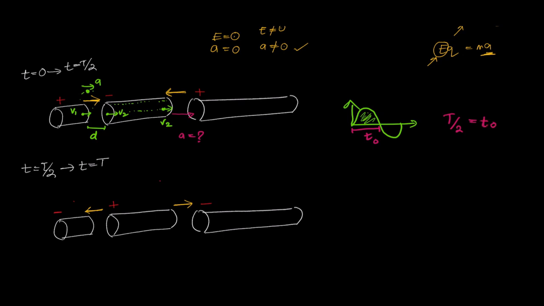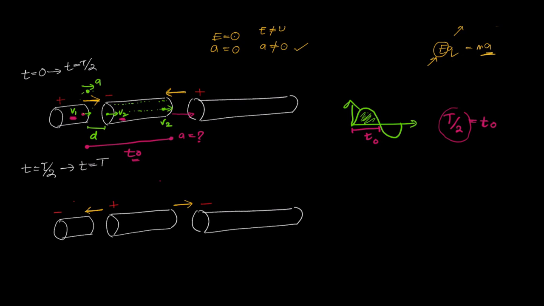Now, we know the speed of this particle v1, and we also can calculate the speed of this particle after getting accelerated. So this particle will take some time t naught to travel between where it started and the end of this tube. If this time t naught matches T by 2, what will happen? It's simple.